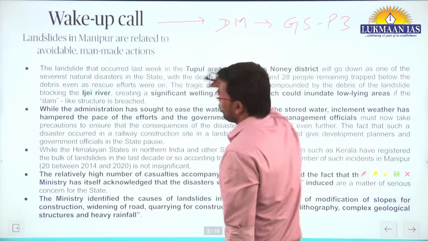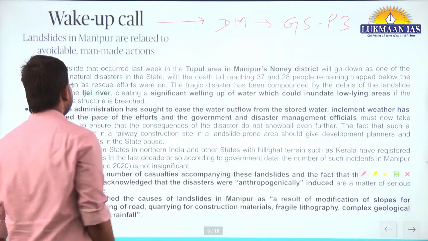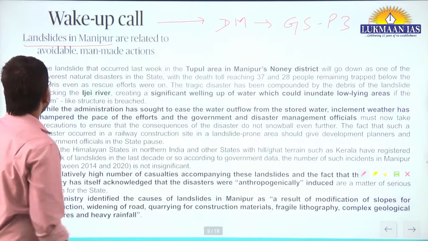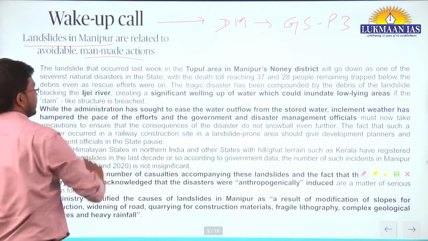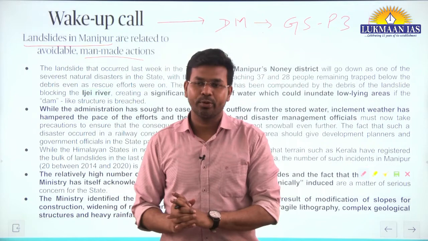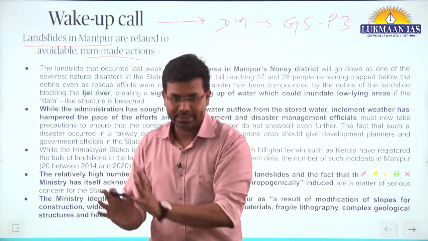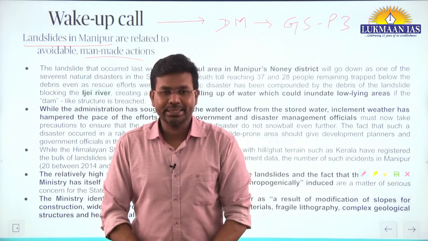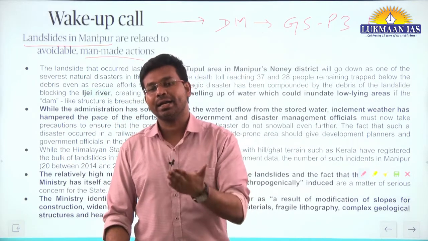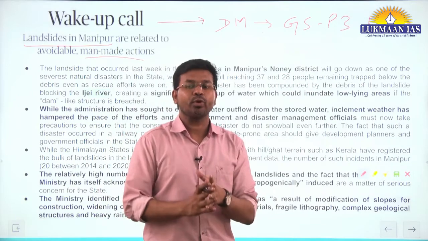Okay. So what has happened recently? A landslide has happened in Manipur, and these landslides are related to avoidable man-made actions. This article highlights that Manipur, which is one of the northeastern states, along with all northeastern states, is moving towards more connectivity.